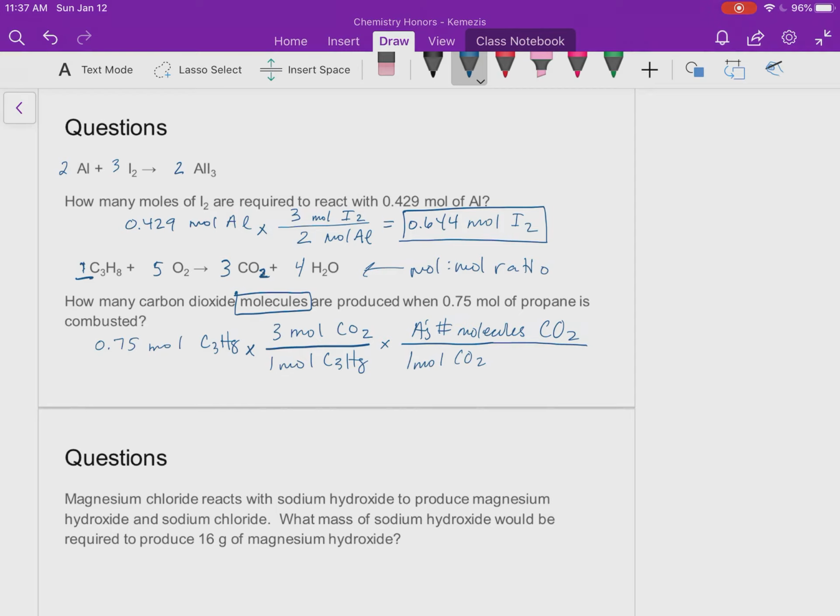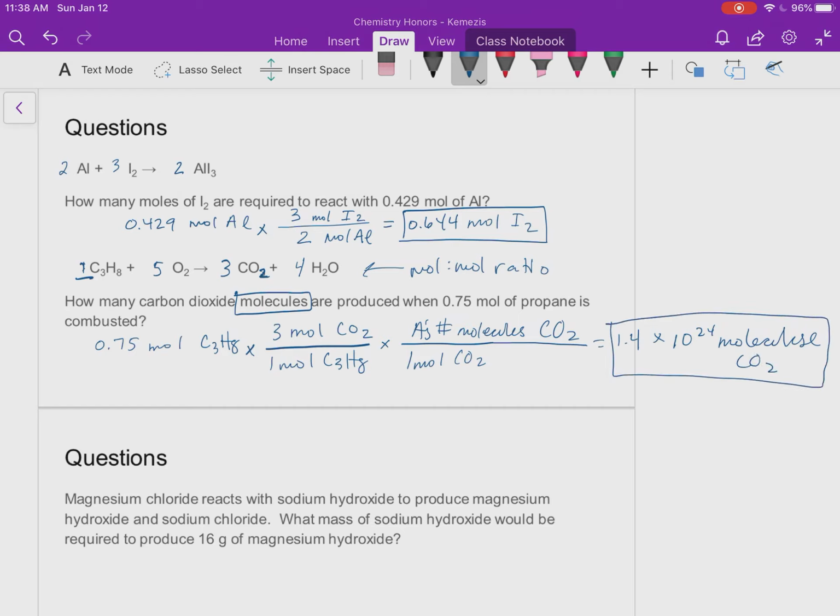And if we do this, 0.75 times 3, and then we're going to multiply by Avogadro's number, 6.022 times 10 to the 23rd, we get an answer of only 2 significant figures because of 0.75, times 10 to the 24 molecules of CO2.